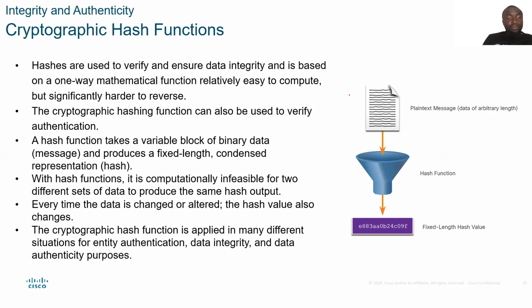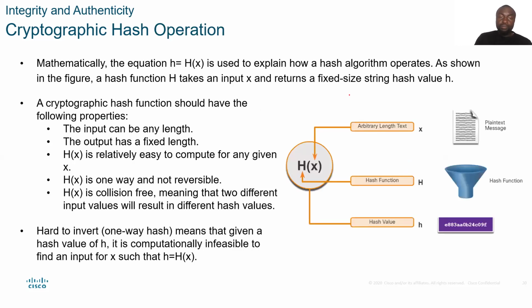So every time the data is changed or altered, the hash value also changes. So the cryptographic hash function is applied in many different situations for entity authentication, data integrity, and data authenticity purposes.